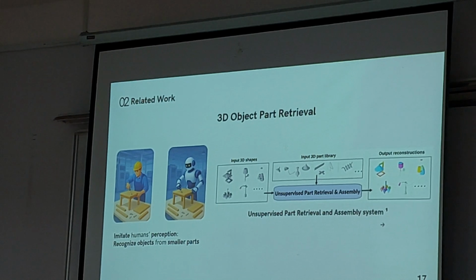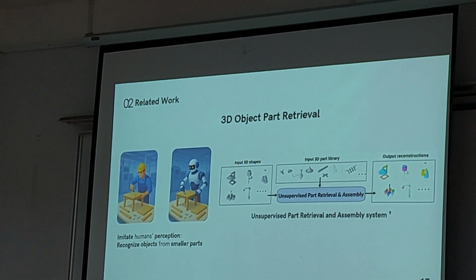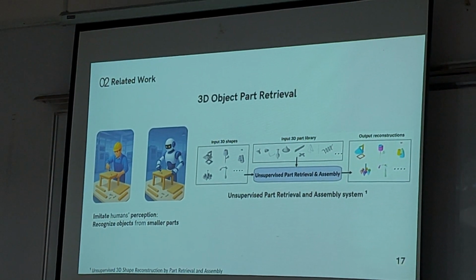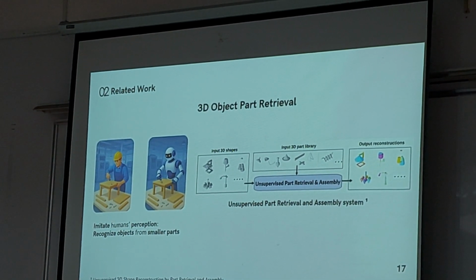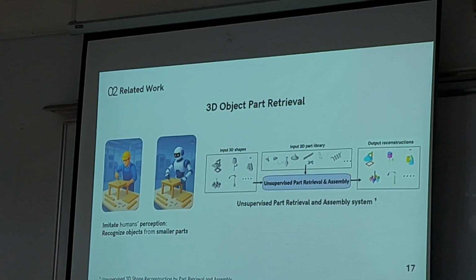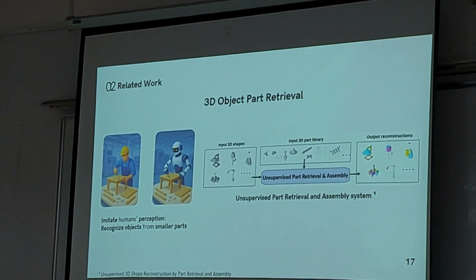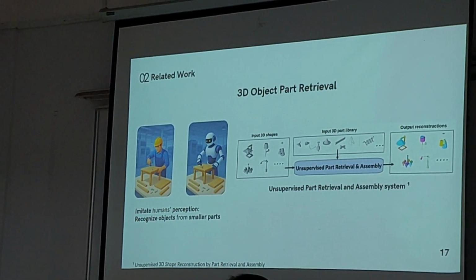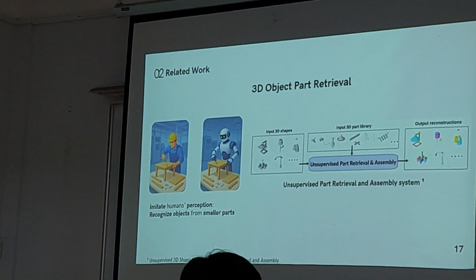About 3D object part retrieval, this task involves retrieving 3D objects just from their smaller parts instead of their whole object. The key idea is inspired by human perception, as we tend to recognize an object by its symmetric parts.